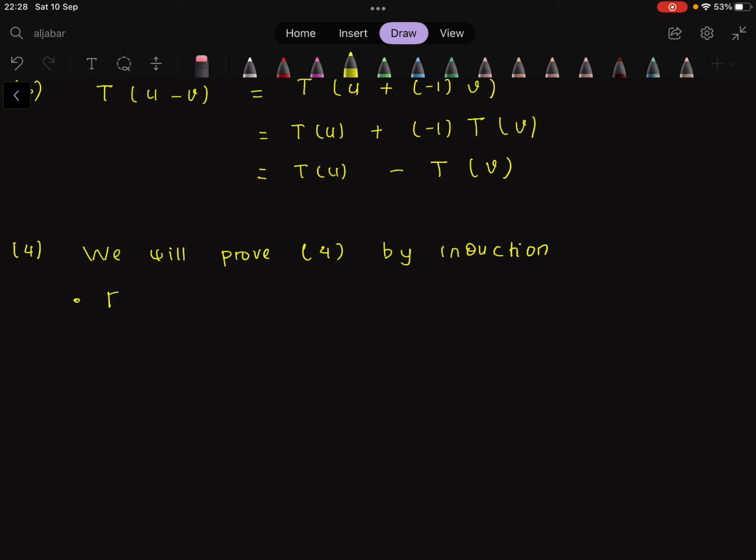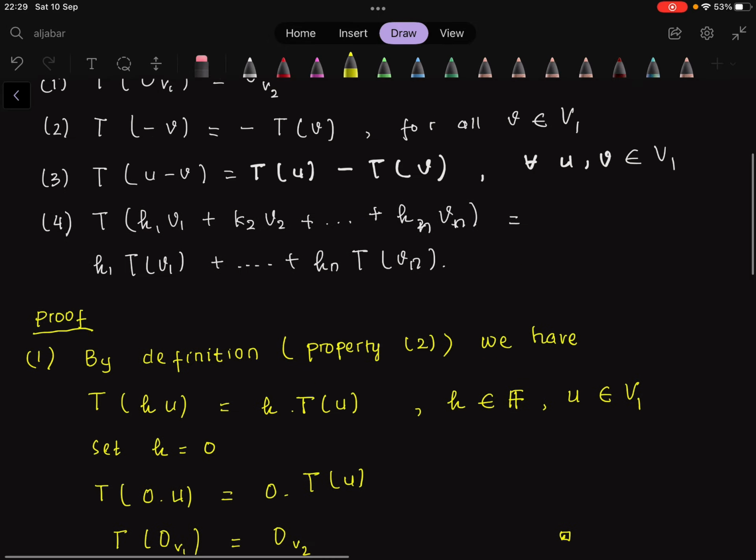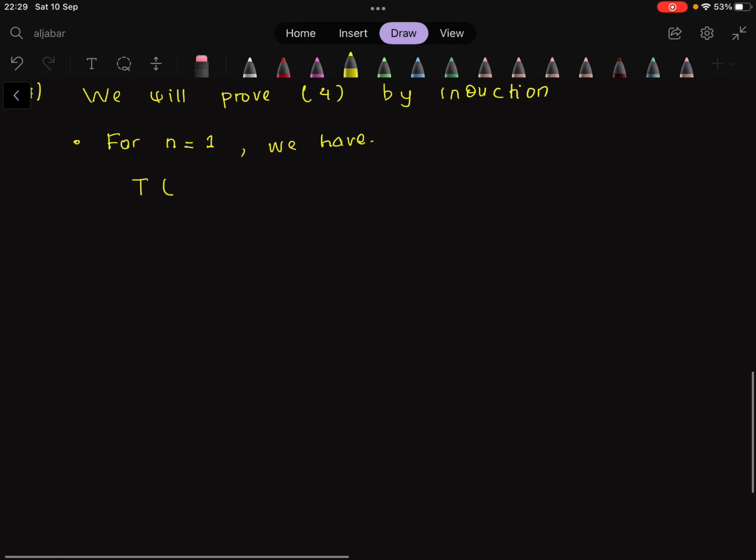For n equal to 1, we have T(k1 v1) equal to k1 T(v1).